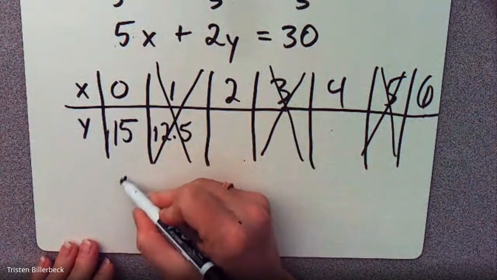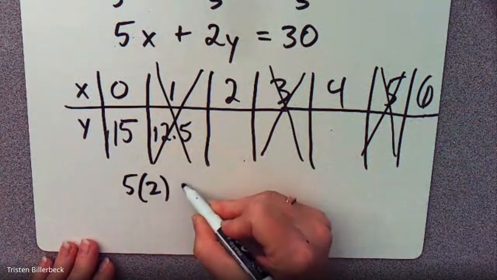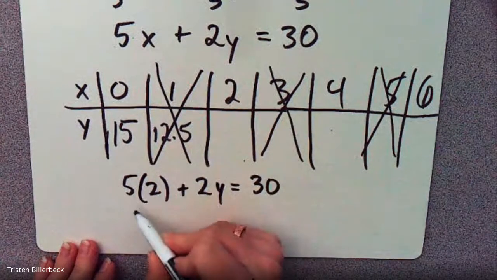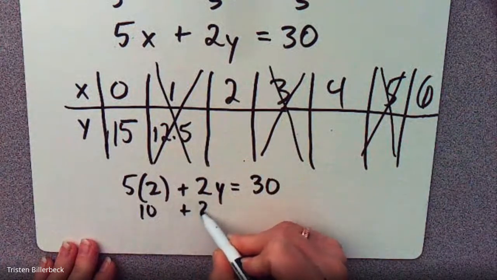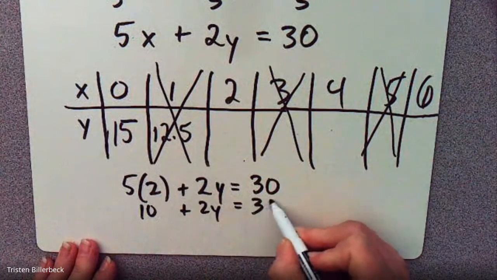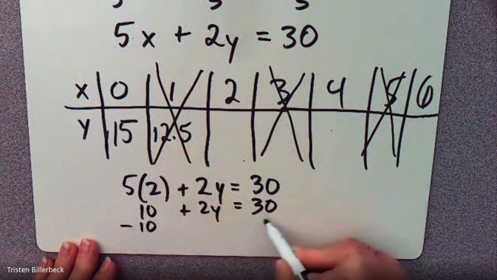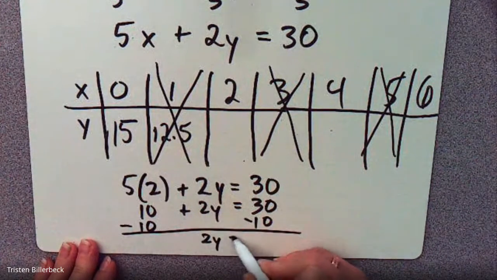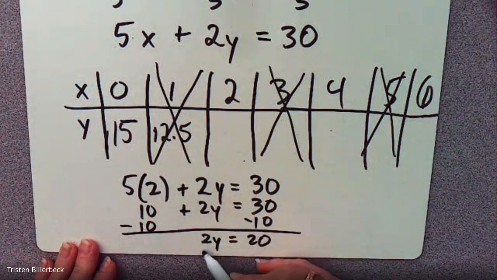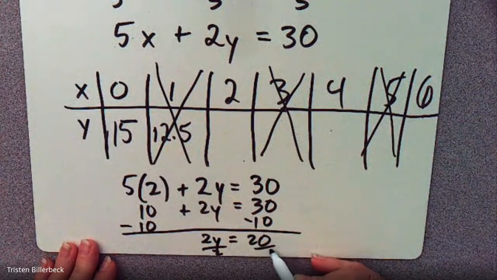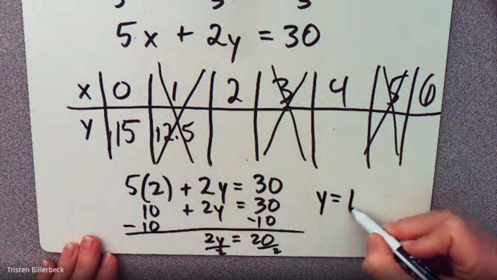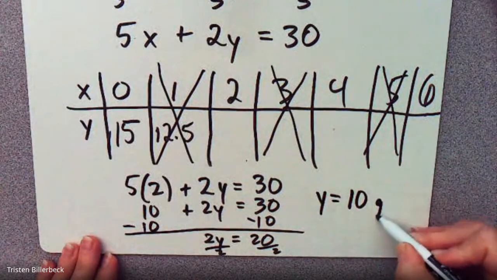So now we could do 5 times 2 plus 2y equals 30. So this is 10 plus 2y equals 30. We subtract 10 from both sides, and we get 2y equals 20. When we divide by 2, this is a good thing. We have y equals 10 general admission tickets.